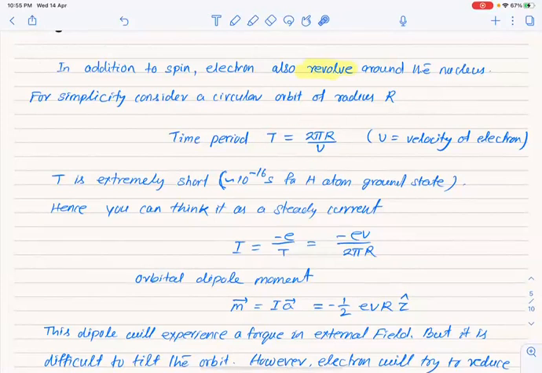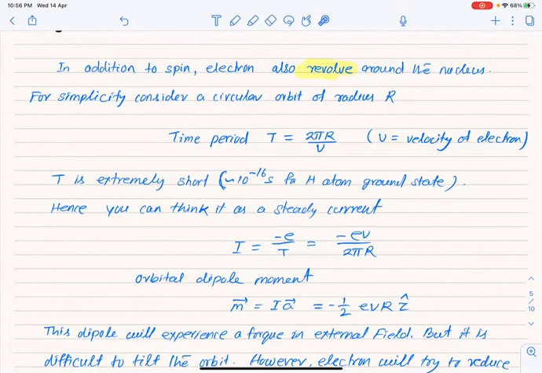Now, because the time period is very short, you can think of this as a steady current loop. Of course, technically I cannot really have a current loop with one charge moving, but effectively, because it revolves very fast around the nucleus, you can think of it as a tiny current loop.